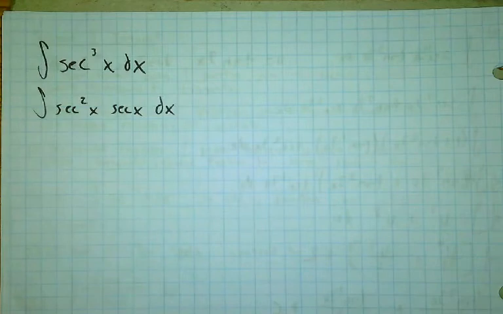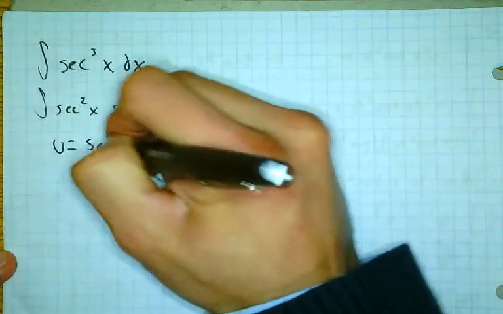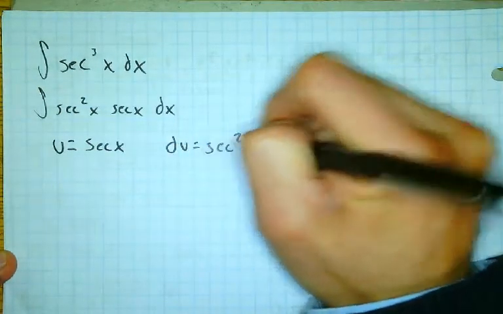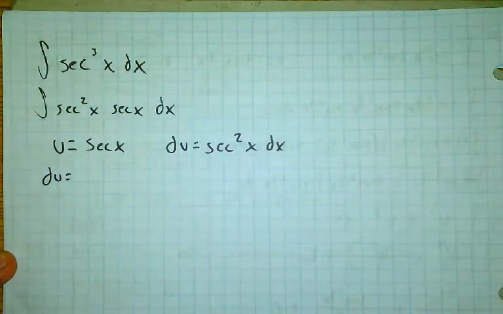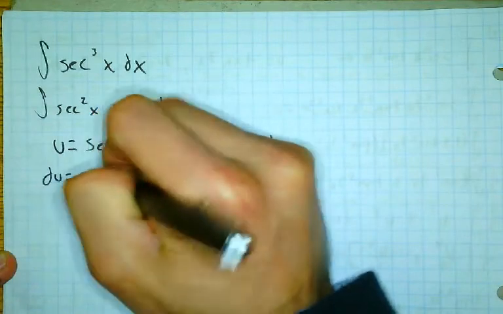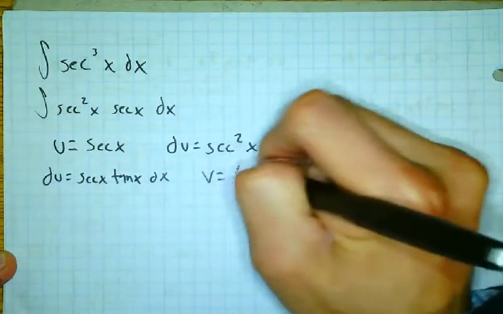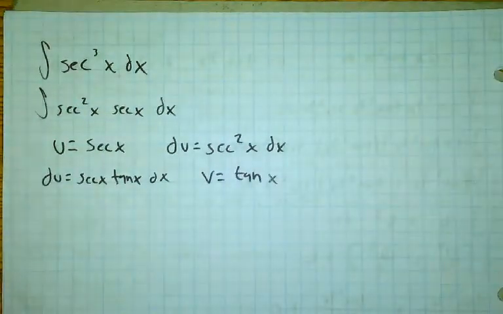You with me? So we're going to say u is secant x, which means that dv is secant square x dx, which means that du is secant x tangent x dx, and then v would be tangent of x. Agreed?